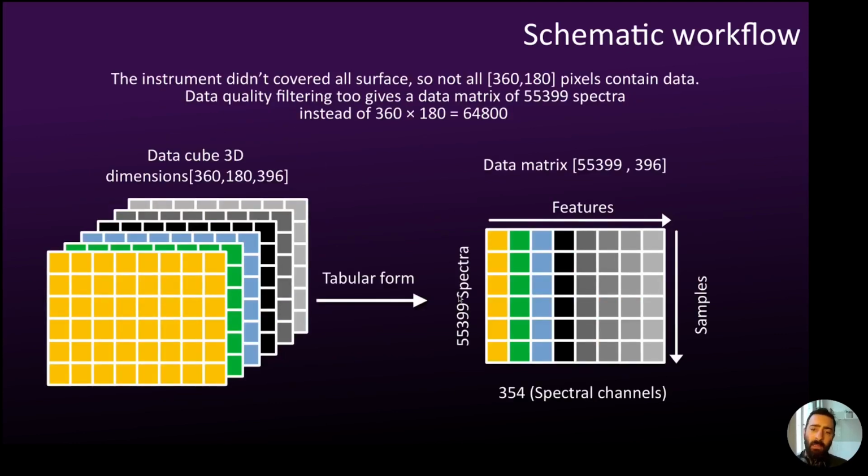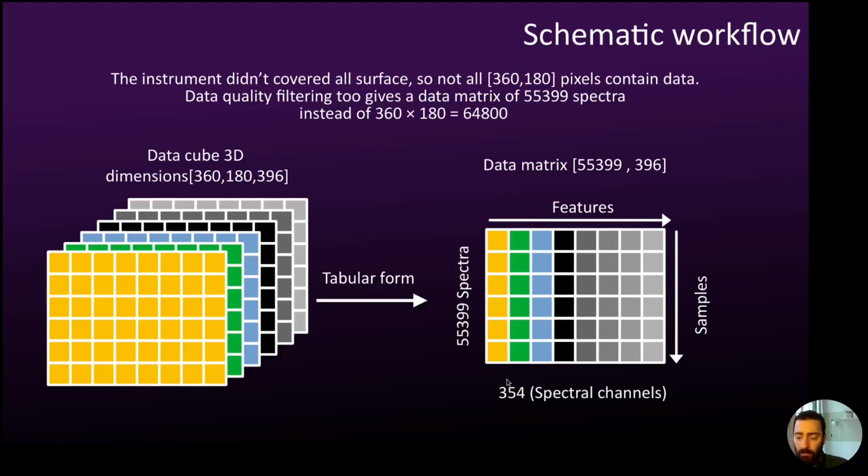So the first thing is to unravel this data cube, and instead of having 3 dimensions, we're going to put it in a tabular form. So we have all the spectra, and each row is 1 spectrum. Different colors here are the different layers you see on the left side. And in the X direction, you have the spectral channel.